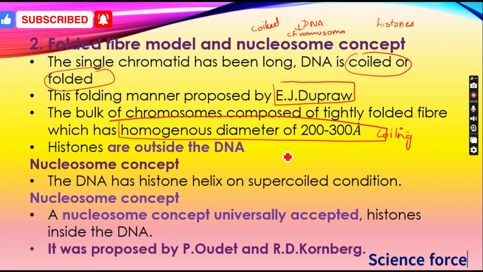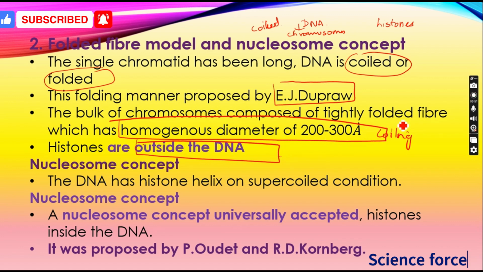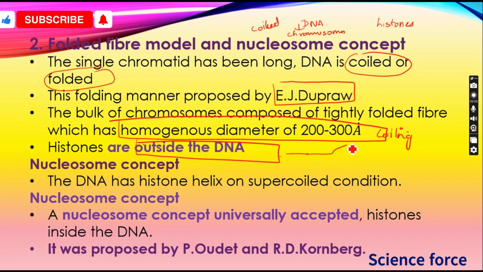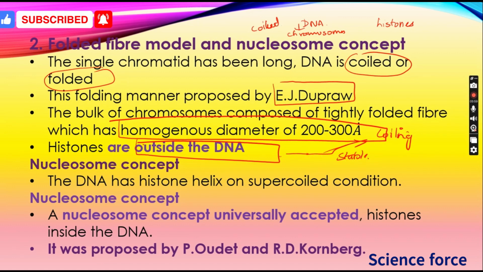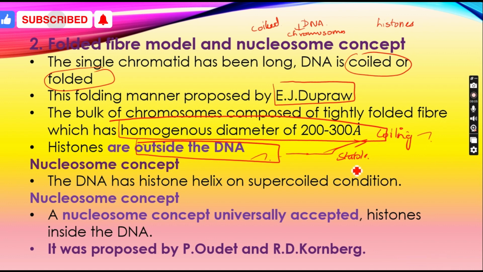There are histones, and these histones are outside the DNA, which makes the coiling stable. As he said, there was a DNA, there was a coiling, and the histones make it stable. But here he missed the point of how DNA is converted into a chromosome by coiling.